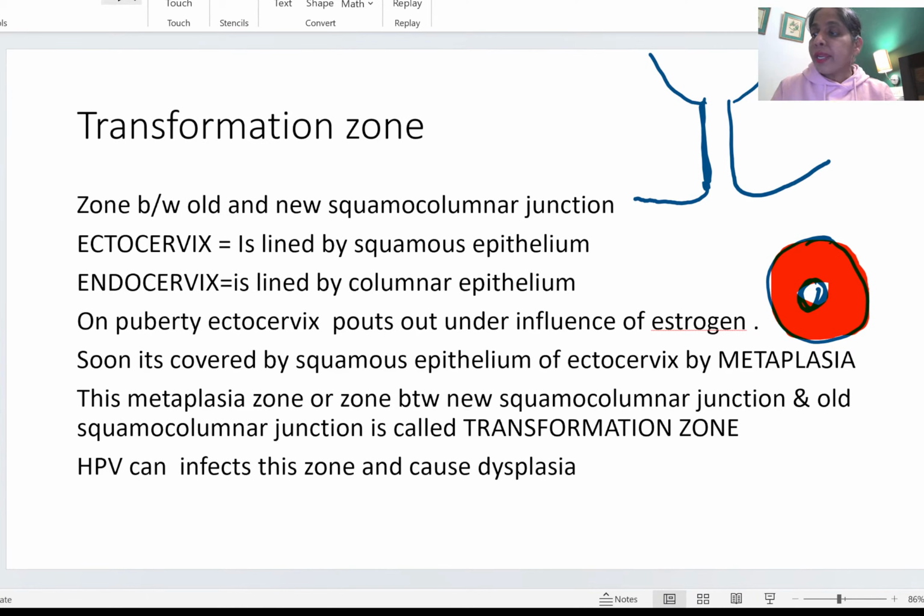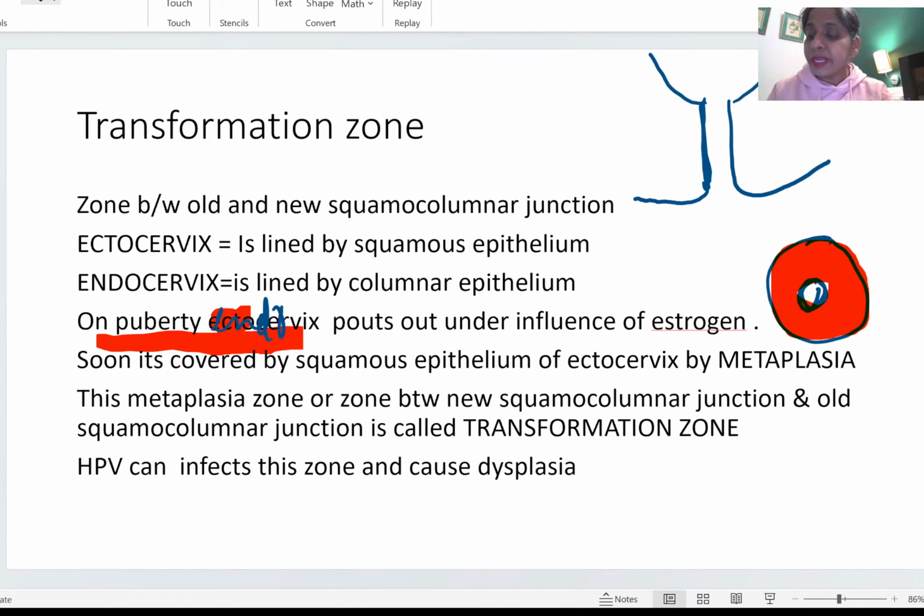When puberty comes, what happens? Due to the effect of estrogen, the endocervix pouts out, means comes out. On puberty, the endocervix pouts out.